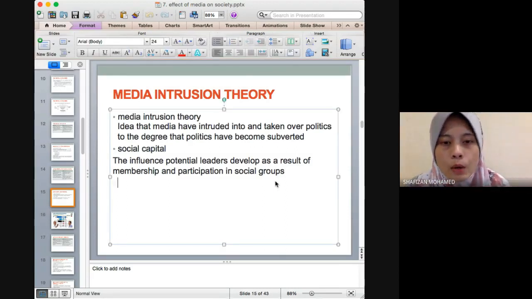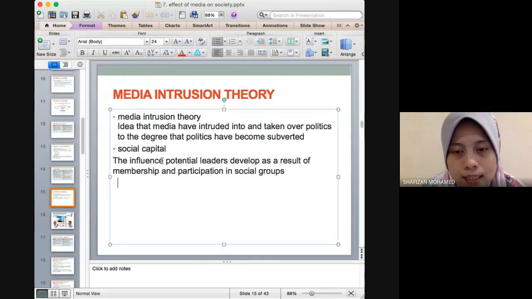What is the relationship? Traditionally, for a politician or a leader to be elected or to become successful, they have to have a good relationship with the public, with the grassroots. For example, during election, the politicians must go into the villages, meet the people, convince the people to elect him, and tell the people why he is the best candidate.